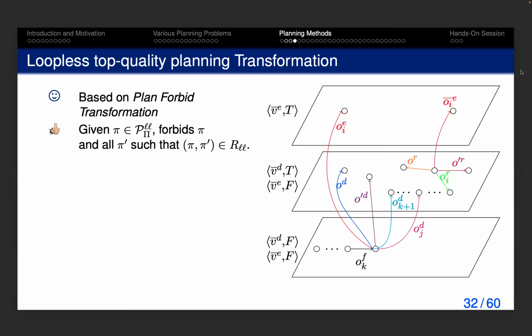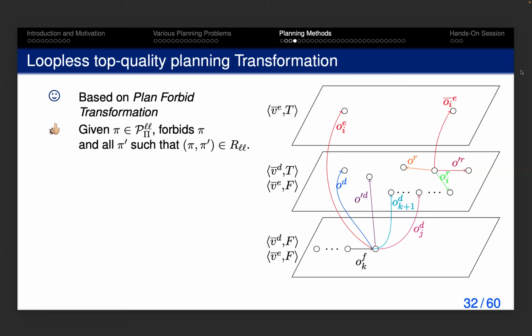I have to give a disclaimer that these transformations increase the size of the planning problem, sometimes significantly. In our papers, we measure that and we show how much it increases.